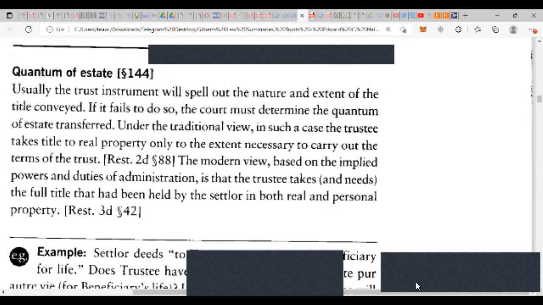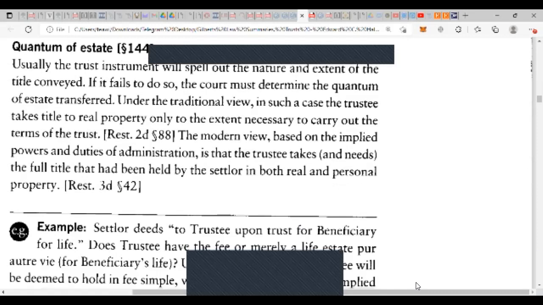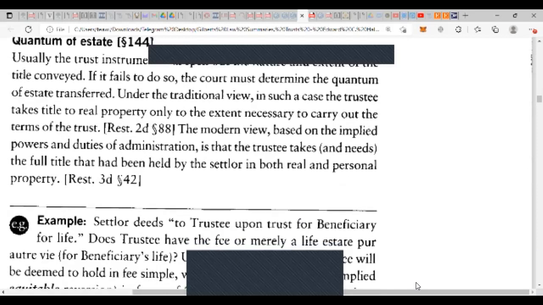Quantum of estate, section 144. Usually the trust instrument will spell out the nature and extent of the title conveyed. If it fails to do so, the court must determine the quantum of estate transferred.